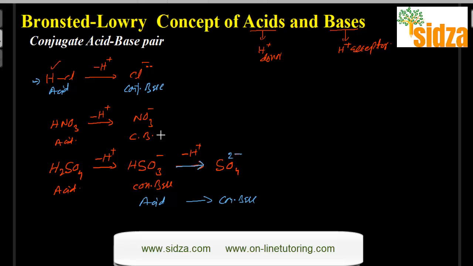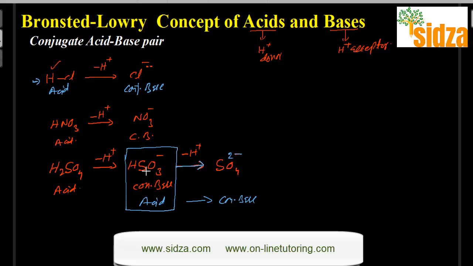So HSO4 negative acts like an acid here because it donates one more proton. HSO4 negative is basically an amphoteric substance. Amphoteric substances are those that can act both as an acid as well as a base, meaning they can either accept a proton or release a proton.